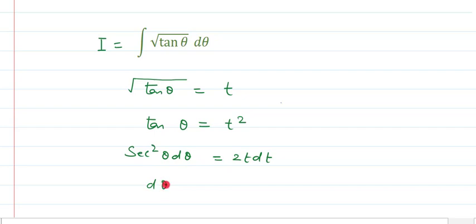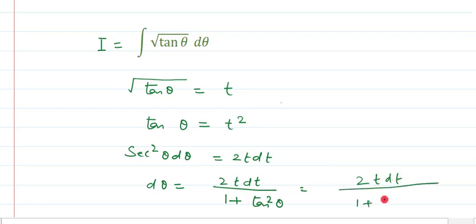Okay, now we know that d theta can be written as 2t dt upon secant square theta, but secant square theta can further be written as 1 plus tan square theta, which will be beneficial for us because now we can change this tan square theta as t power 4. So d theta finally we are having 2t dt upon 1 plus t power 4.